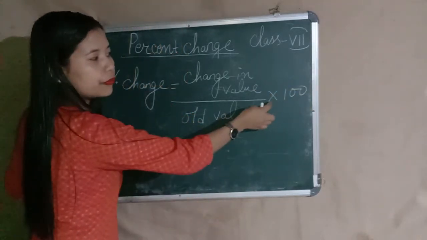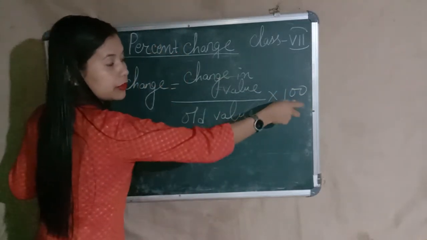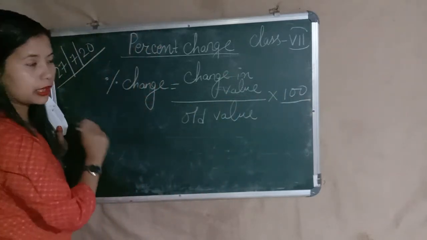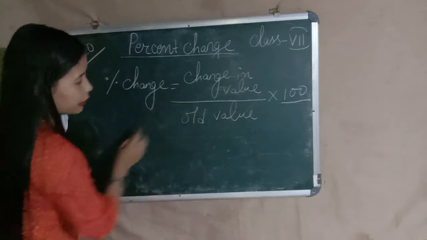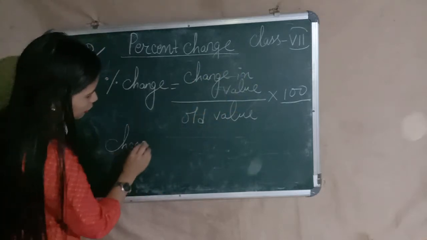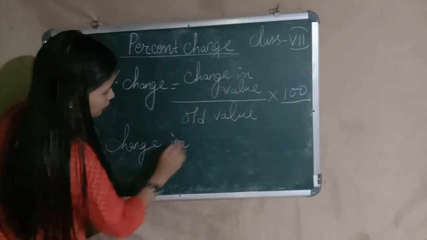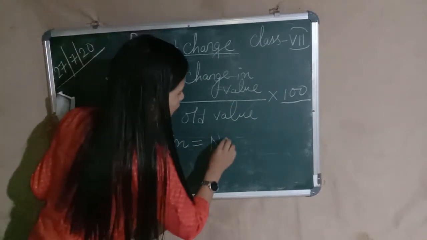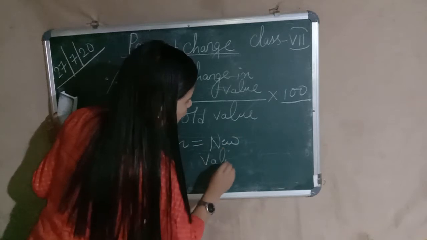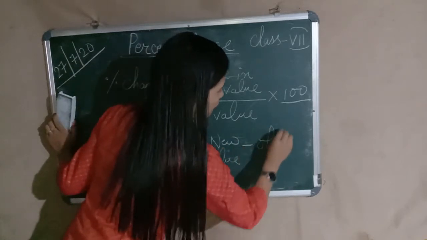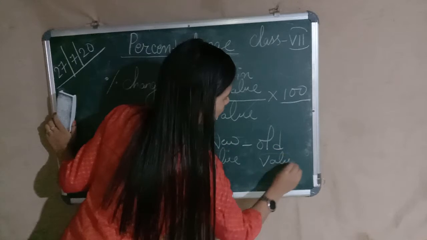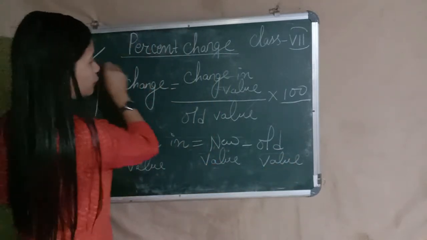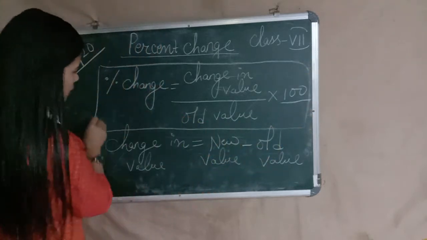Please do not forget to multiply this fraction by 100, because we are finding the percent change. Also write down the formula for change in value: change in value equals new value minus old value. Please copy these two formulae.